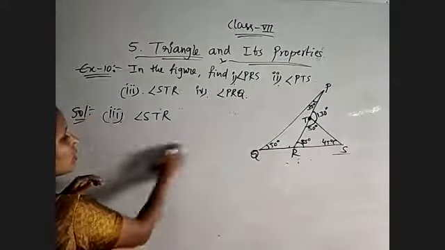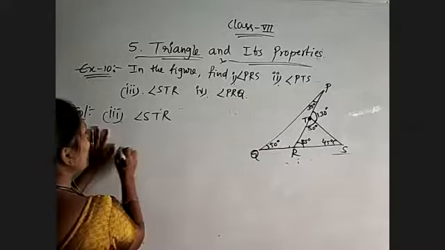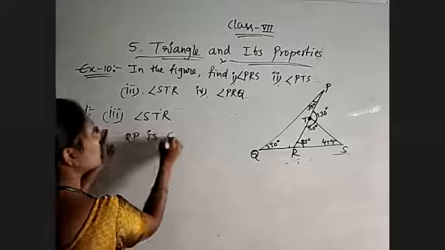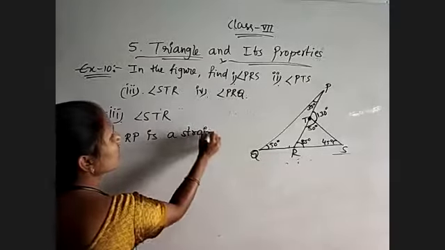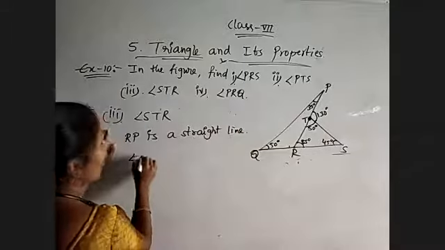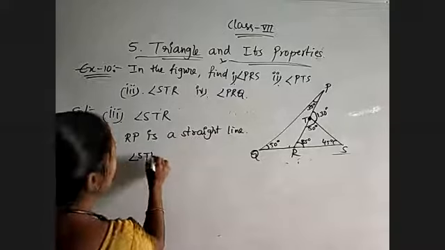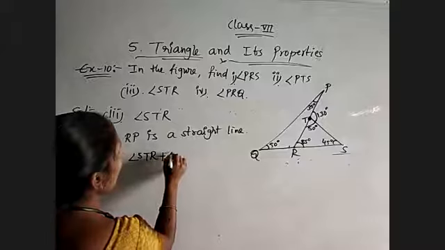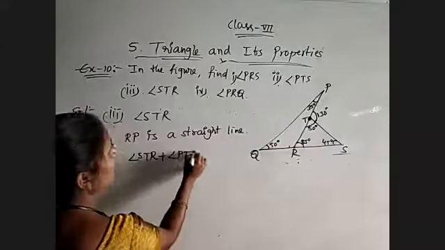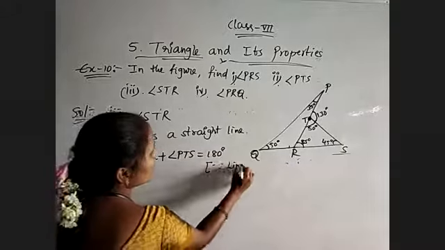Just observe that you can do it in two ways, no problem. Whatever you are doing, that is your wish. So because RP is a straight line, angle STR plus angle STP, otherwise PTS, will be equal to 180 degrees because they are forming a linear pair.